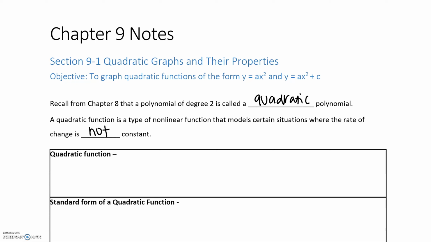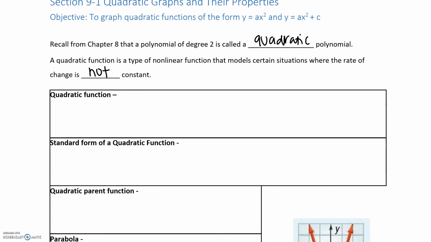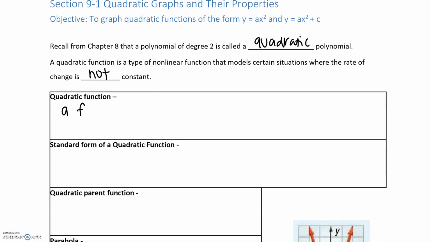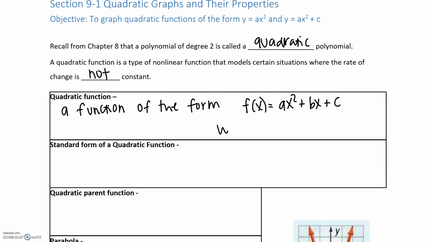Just our linear functions are always constant. They have the same rate of change. Quadratic functions aren't constant at all. So a quadratic function is a function of the form f of x equals ax squared plus bx plus c, where our a cannot equal 0, okay?